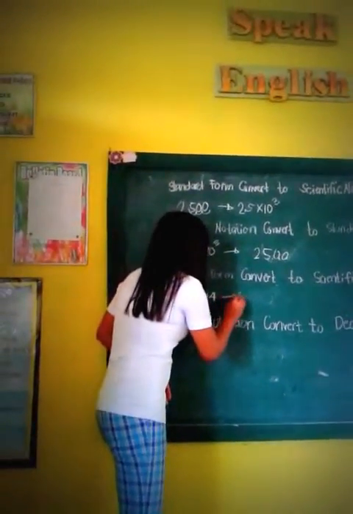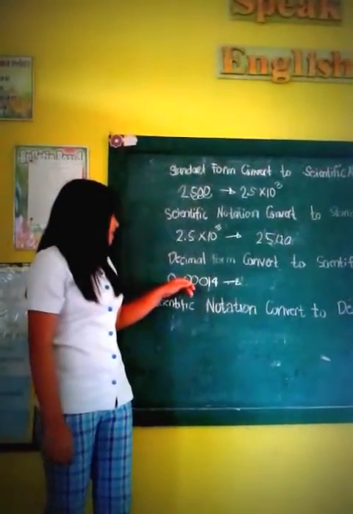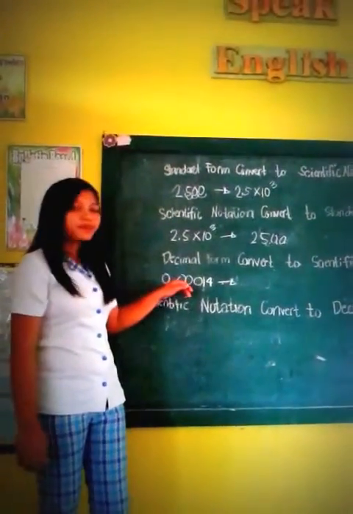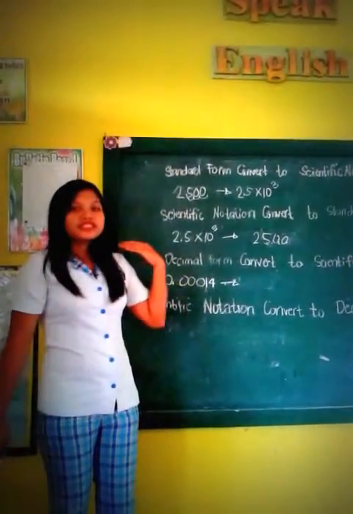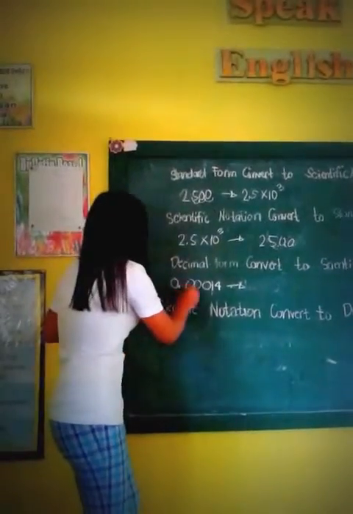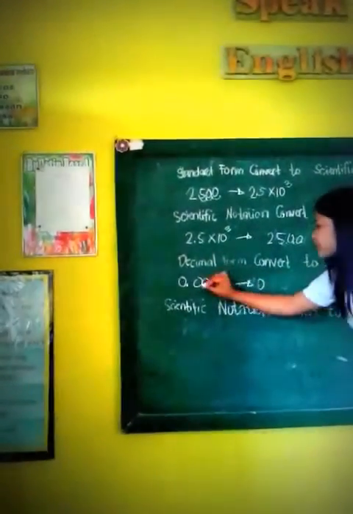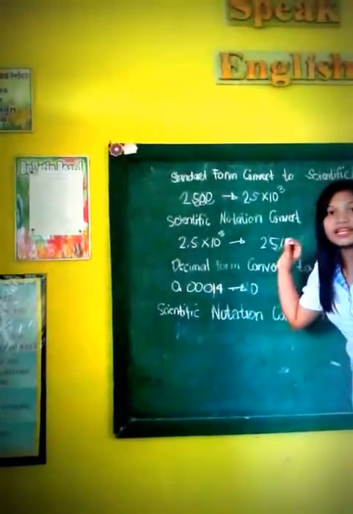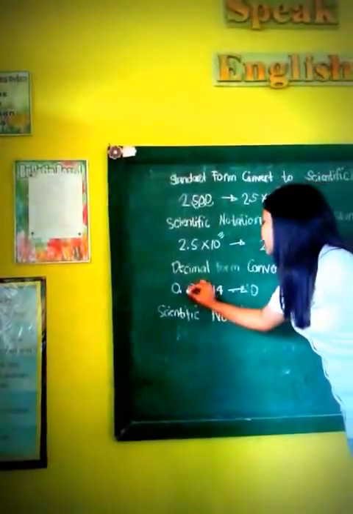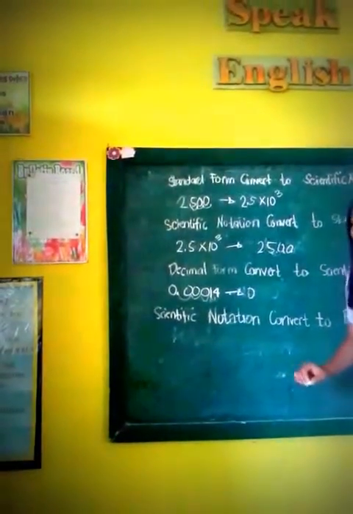The thing that you are going to do is just move the point to the right side. In how many places, by the way? There are 1, 2, 3, 4. There are 4 places.